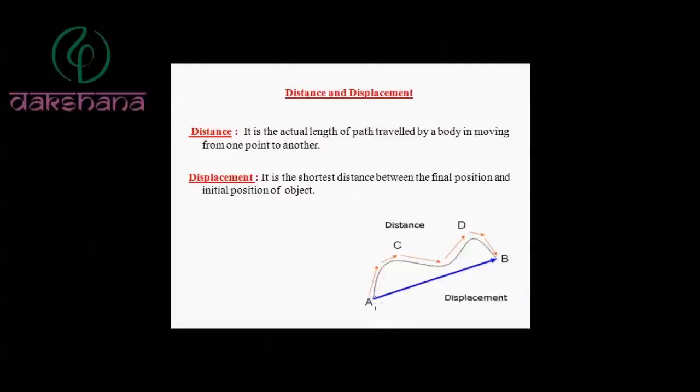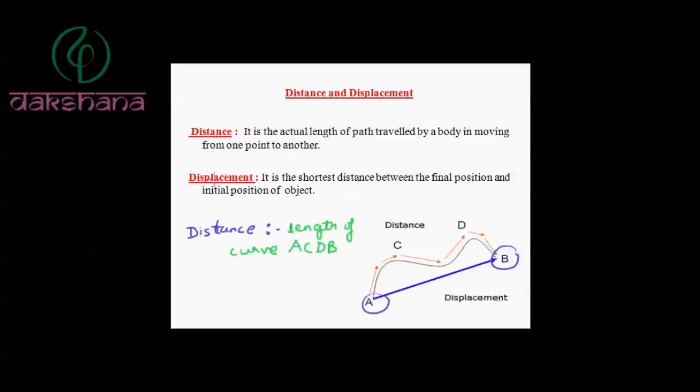Say the initial position of the particle was A and the final position was B. The actual path traveled by the body is through the curve A, C, D, B. So distance will be the length of curve A, C, D, B.